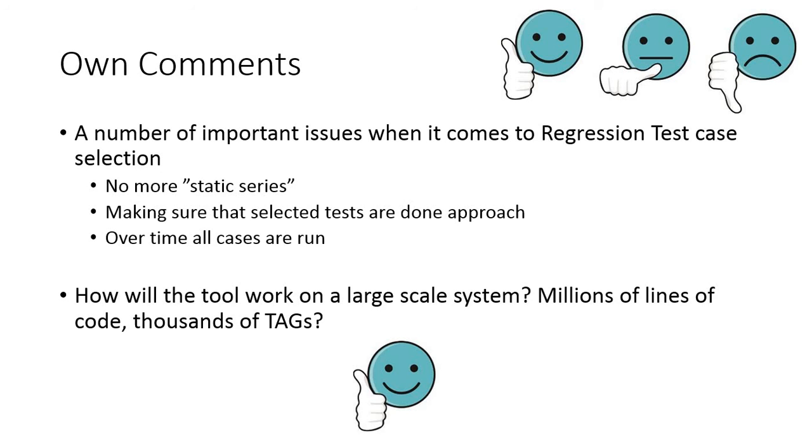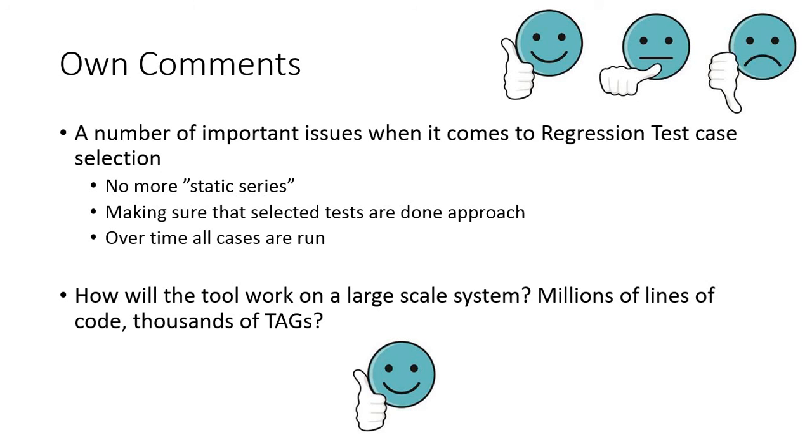When it comes to the checking of the Git commits and the tags to select the test cases within the area of the code change, here I'm a bit skeptical. Does this really work on a large scale system? Let's consider, for example, a banking system with a lot of different 3PP products and products from other vendors.